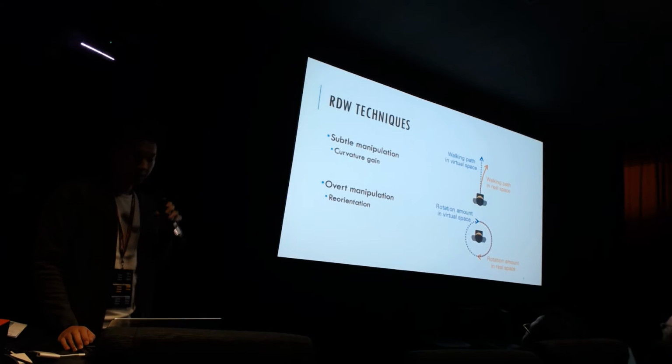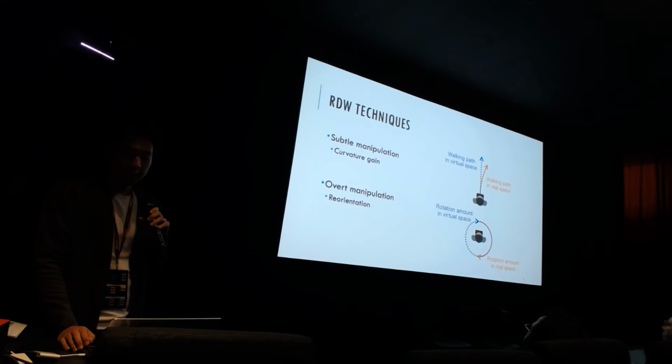Subtle techniques, such as curvature gain, can manipulate users' position and orientation without them noticing when the magnitude of the manipulation is beneath a certain detection threshold. And overt techniques, such as reorientation, are very effective in changing the user's orientation.